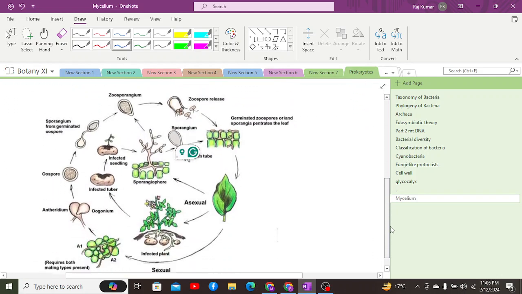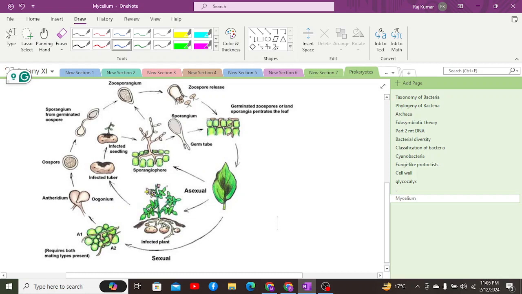Let me show in the diagram as well, from this end, right? So in this side, we are having zoospores. This is zoosporangium, and from the zoosporangium, there's a release of zoospores.